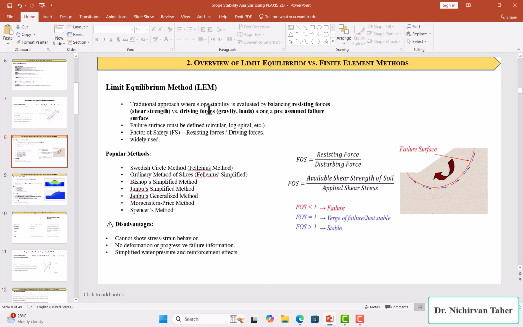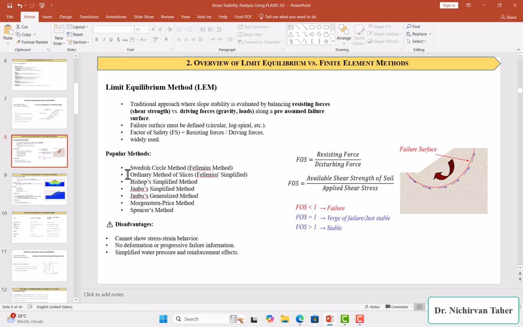First, by this traditional method, we pre-assume a failure surface for this ground slope, and after that we calculate the resisting force, which is the shear strength resistance along this pre-assumed failure surface, and also the driving force, which is the weight of this soil wedge, and the ratio of these forces is called the factor of safety of the slope.